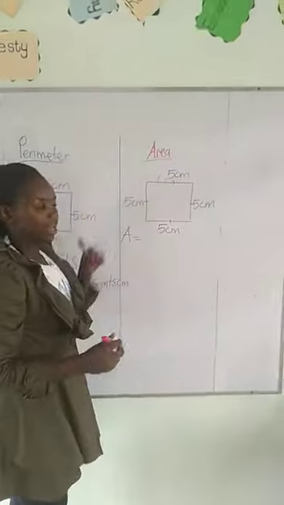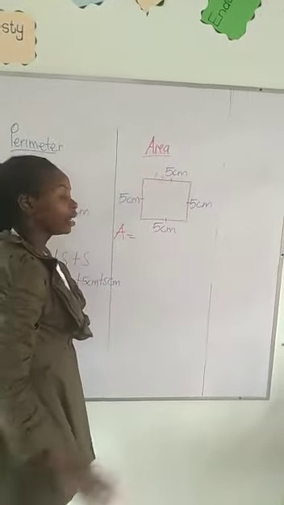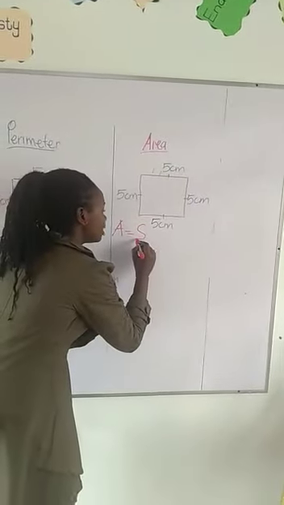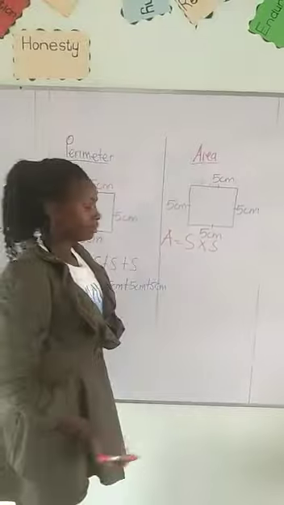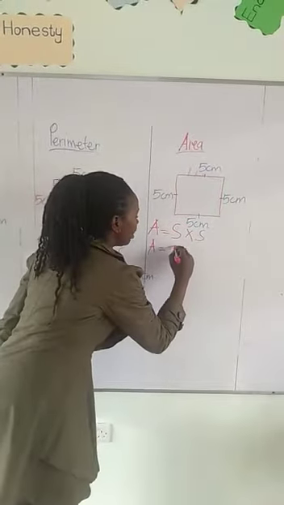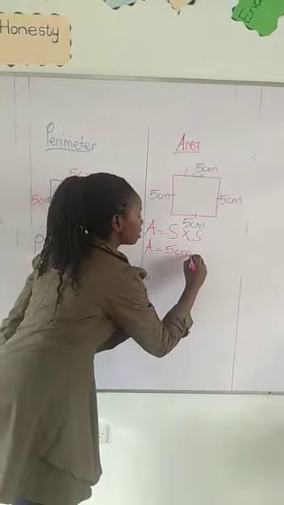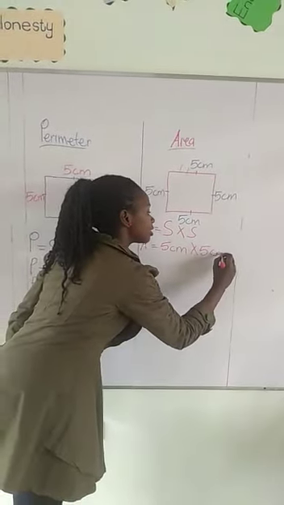So my area here, will it be length times width? No, it will be side times side. So my area will be 5 centimeters times 5 centimeters.